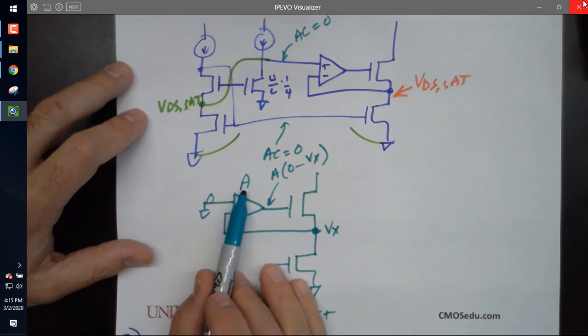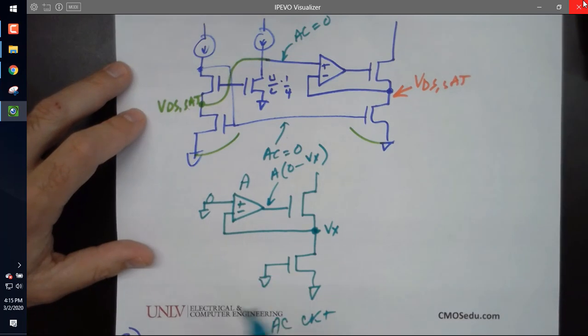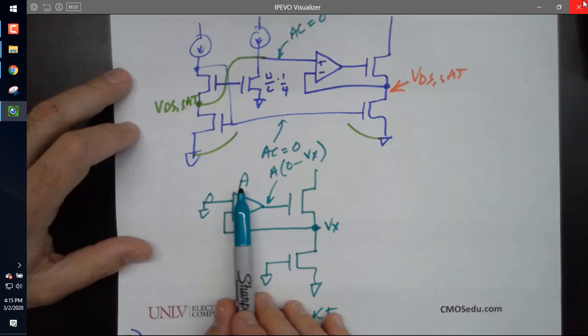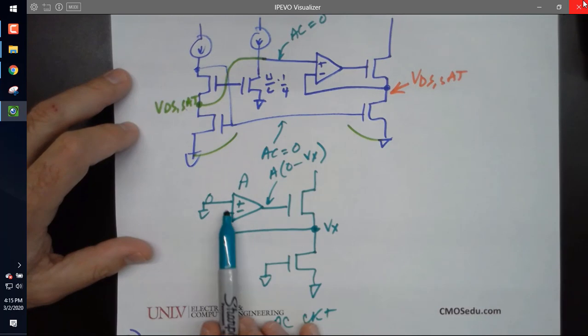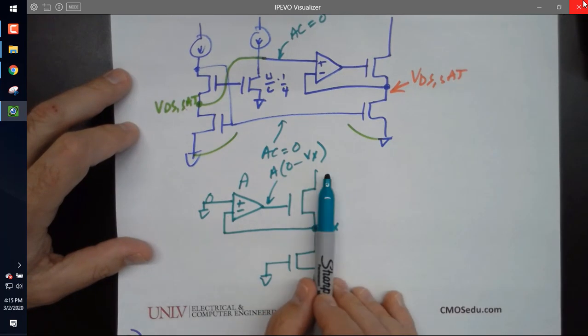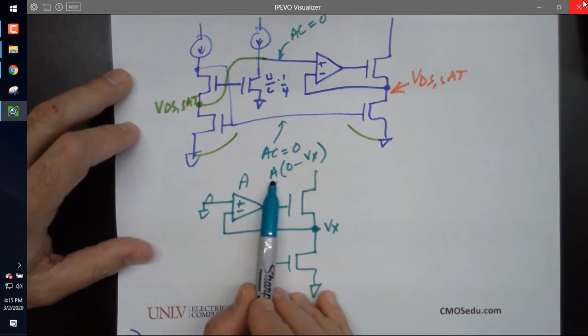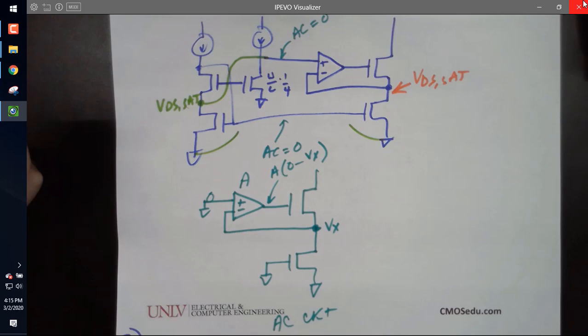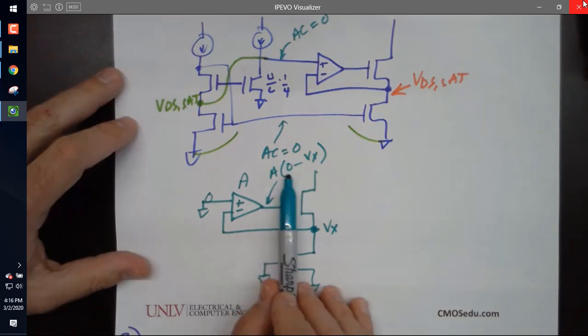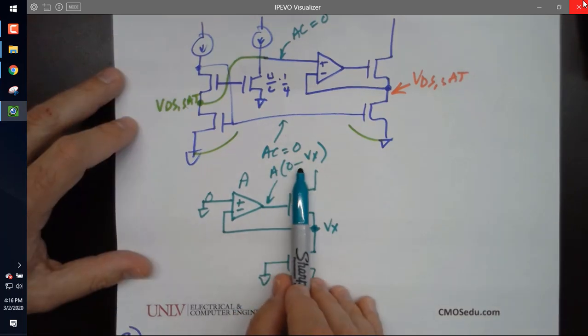For an op amp, A is infinite. For an ideal op amp, A is infinite, which only occurs if the plus and minus terminals go to the same voltage. If they go to the same voltage, this goes to 0, this goes to infinity. Remember, you're in Smith's. How do you explain to somebody why ideal op amps have infinite gain? You say, oh, well, when they have infinite gain, that means the two inputs have to go to the same voltage.